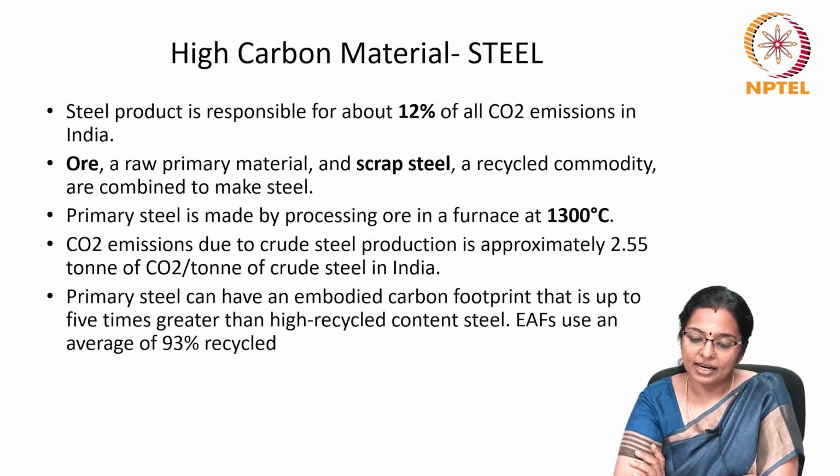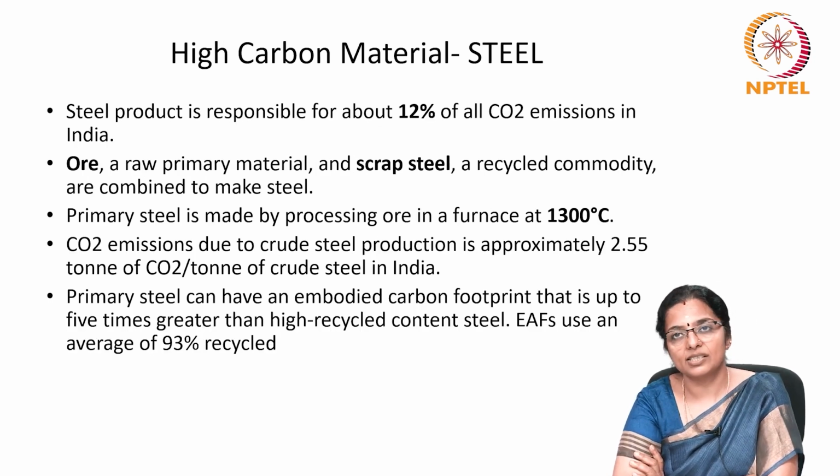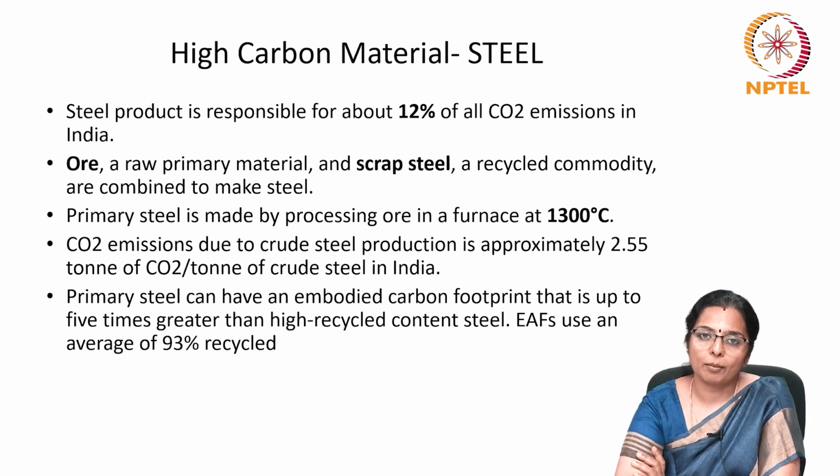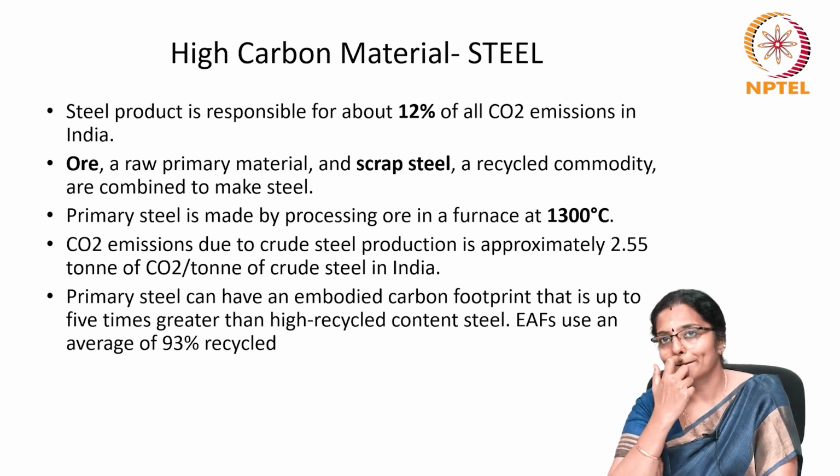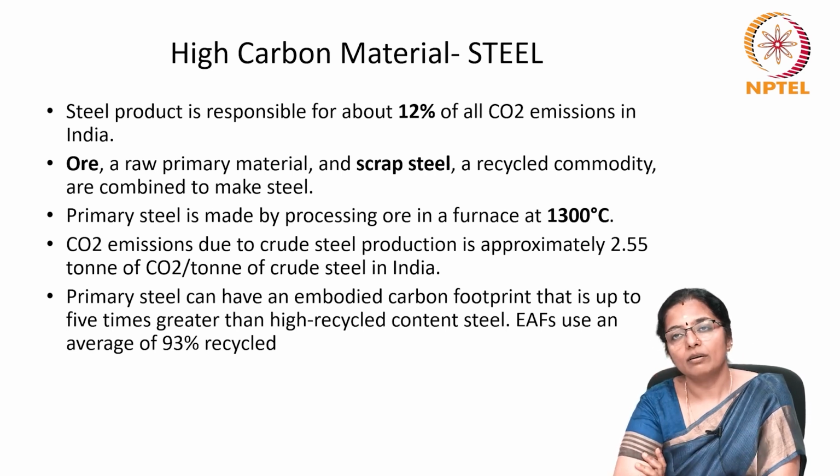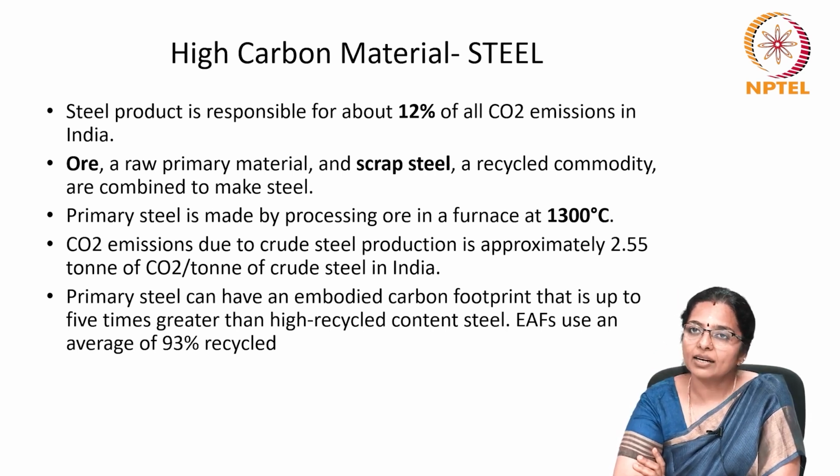There's yet another high carbon material, which is steel. Steel product is responsible for about 12% of all carbon dioxide emissions in India. Ore, a raw primary material, and scrap steel, a recycled commodity, are combined to make steel.